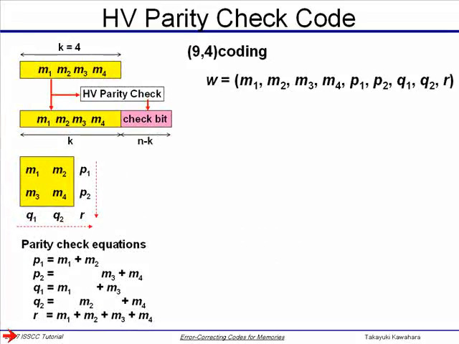So therefore, for the HV parity check, we change the 4 information bits to M1 to M4, and P1, P2, Q1, Q2, R. So we added 5 more bits. So that is a (9,4) coding: 4 is the original, and the code length is 9.